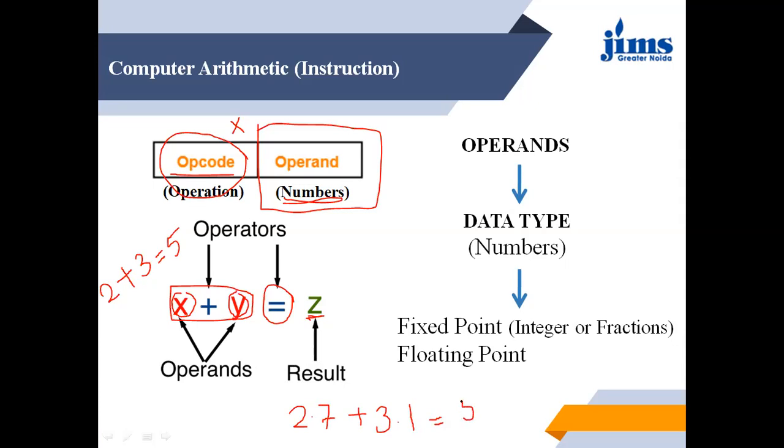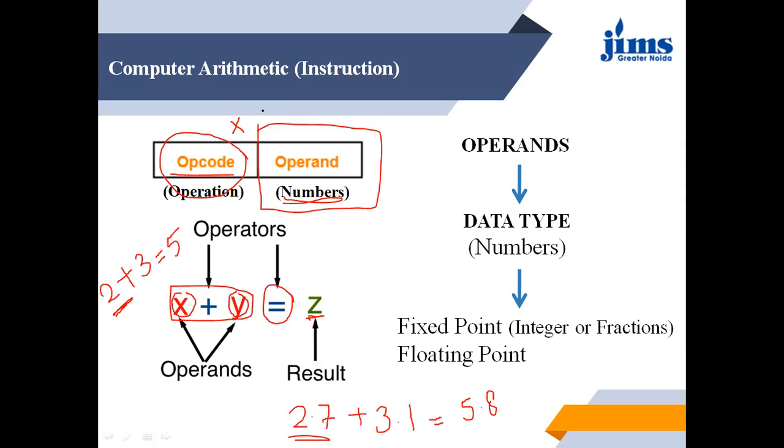It means we have to perform these operations on two different types of numbers, that is, integers and fractions. So we have to discuss this for fixed point numbers and floating point numbers.